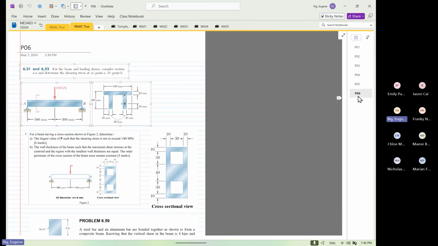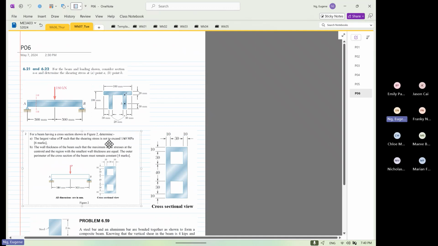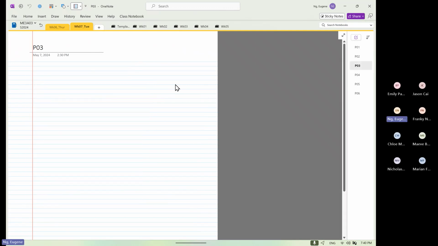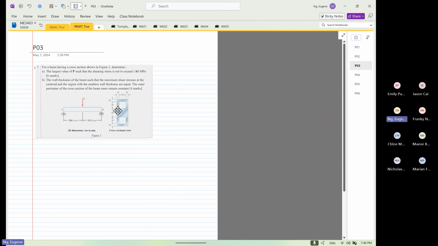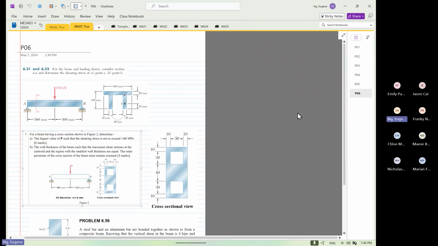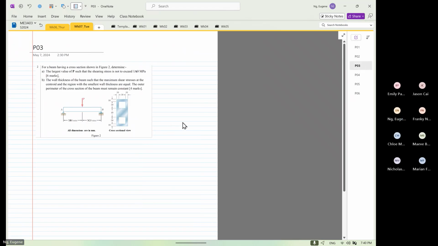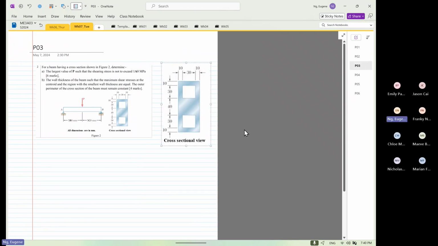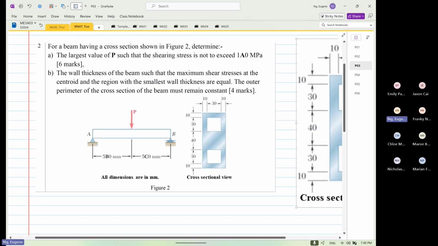So it's the next problem that we're going to look at, this problem over here. This problem was a term test question that I gave, and it has optimization in this question. Okay, let's look at this question. So this is example number 2.